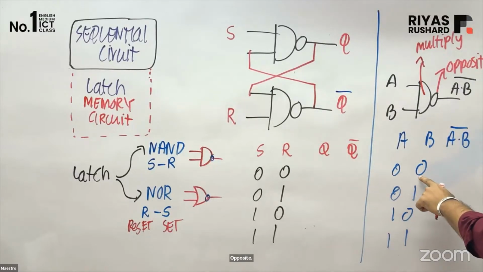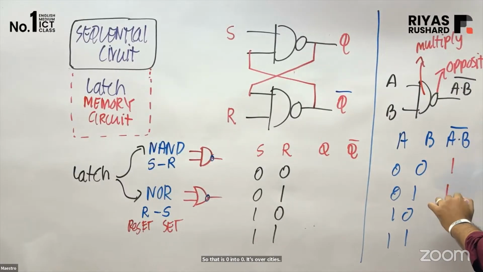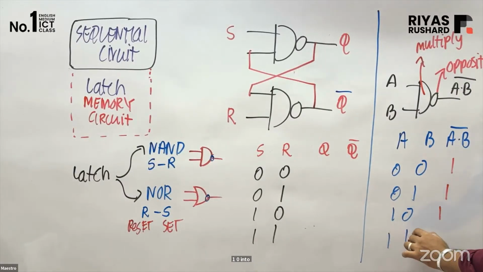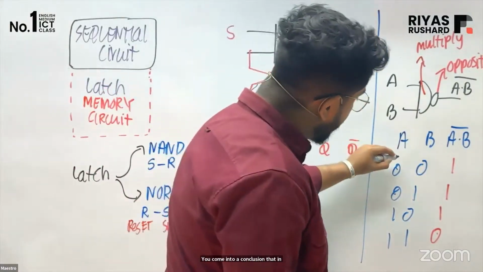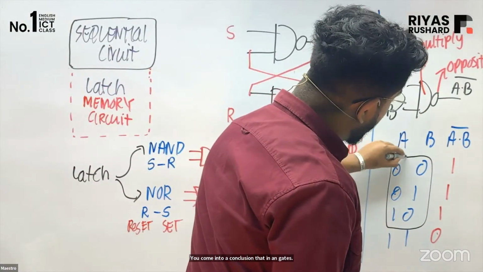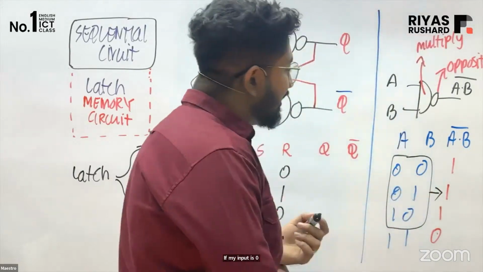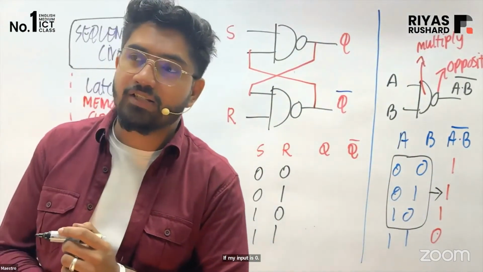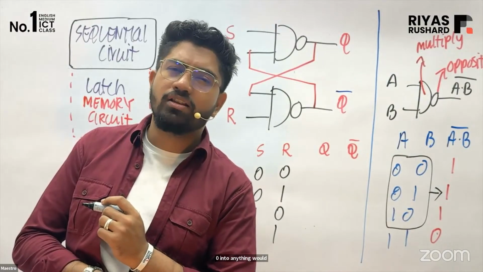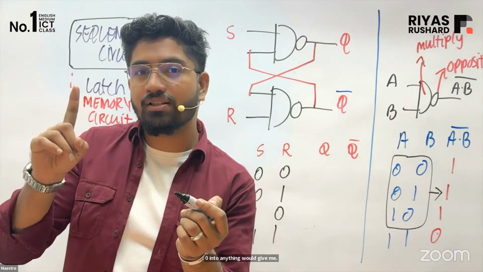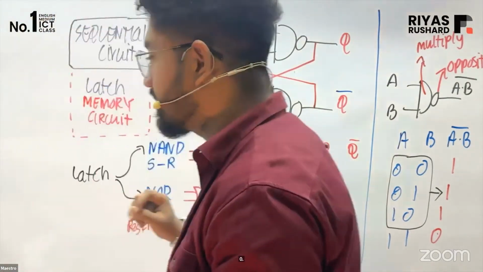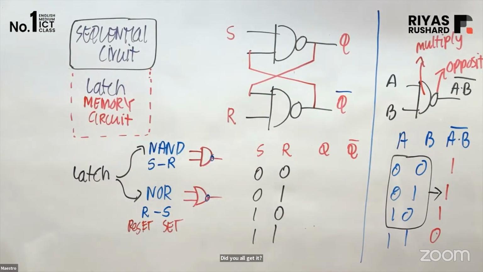So 0 into 0, its opposite is 1. 0 into 1, its opposite is 1. 0 into 1, its opposite is 1. 1 into 1, its opposite is 0. You come to the conclusion that in a NAND gate, if my input is 0, 0 into anything would give me 0. Opposite of that 0 is 1. Did you all get it?